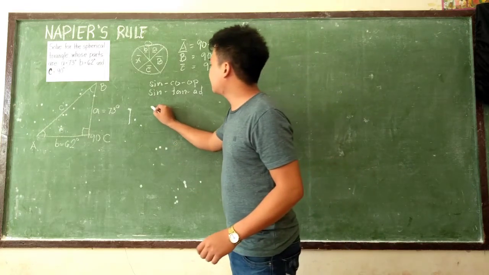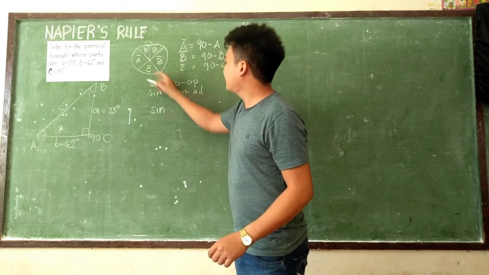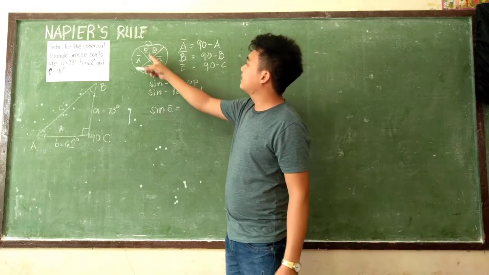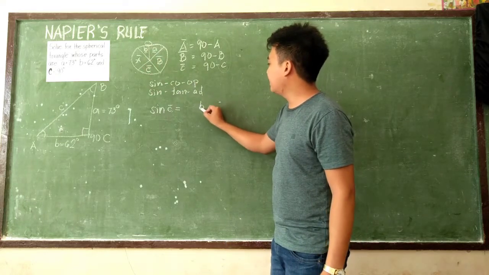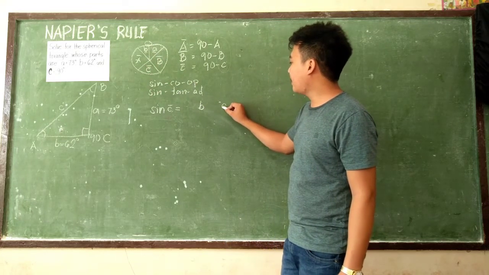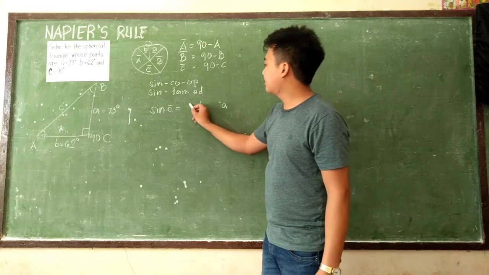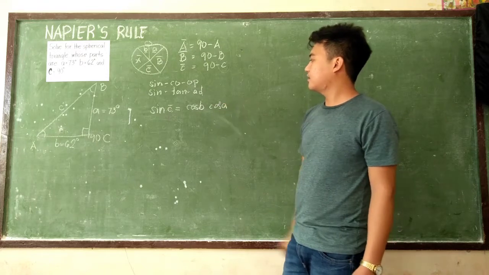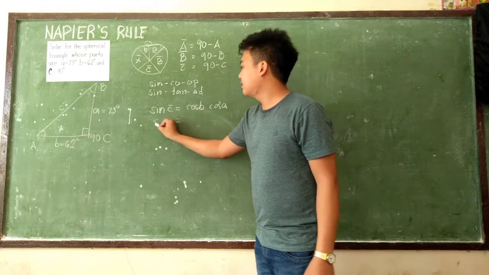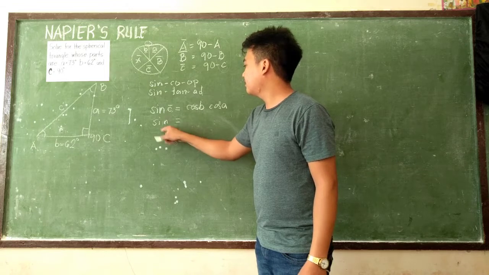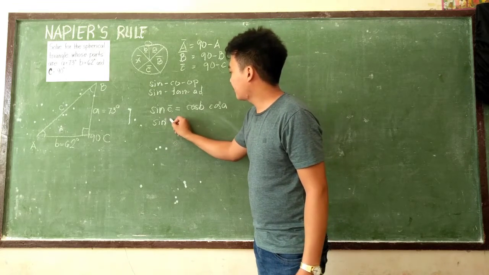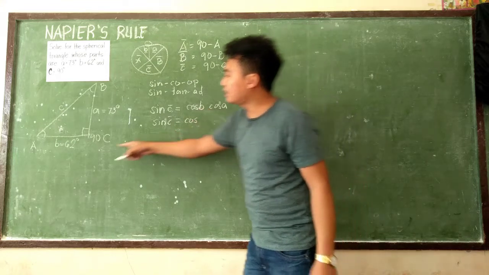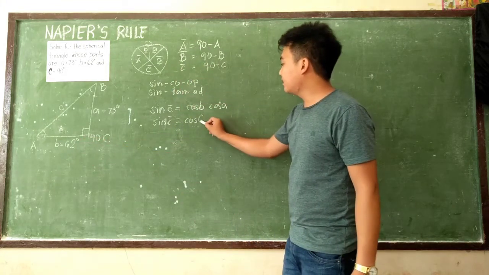So let us solve. So sine C bar is equal to the opposite. So the opposite is B and A. So that is cos B and cos A. So that is sine C bar equals cos. The value of B is 62 degrees.